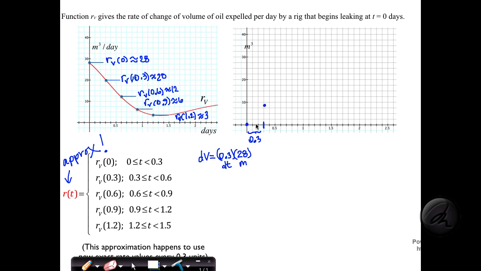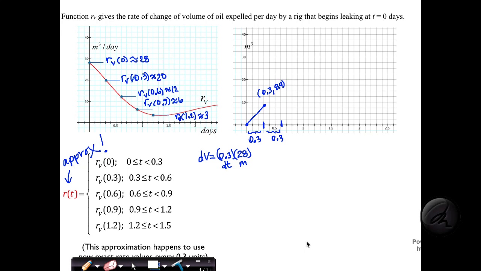Now, this is an equation, so we're going to eventually generate an equation for this line, not just for the value at the endpoint. But this endpoint here is (0.3, 8.4), which is good to know because if I want to use my next increment between 0.3 and 0.6, the next 0.3 units, I'm going to be using a different rate.